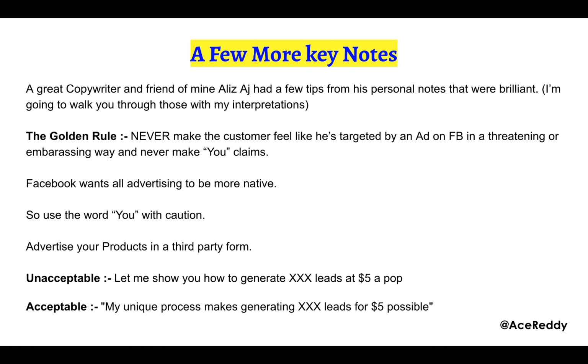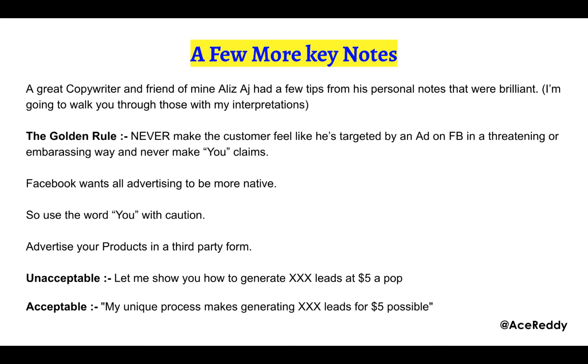Now a lot of these options are completely restricted. Facebook wants all advertising to be more native. It doesn't want advertising to be confrontational. It wants the ads to blend in and not look like the person was very specifically targeted because of something he did.